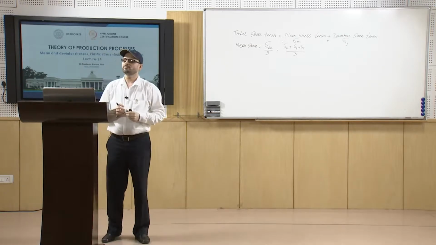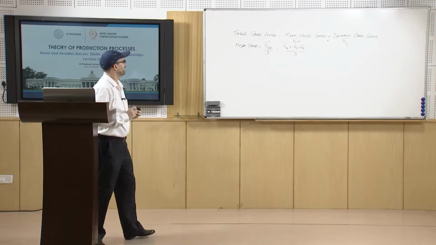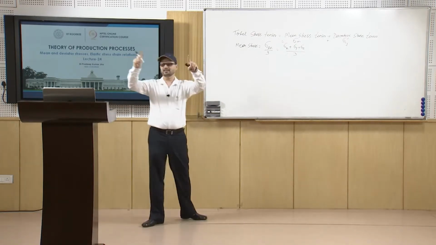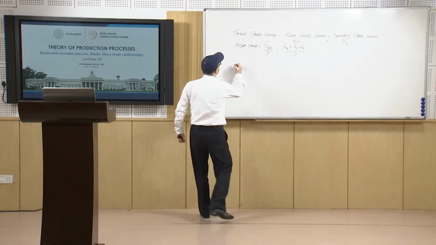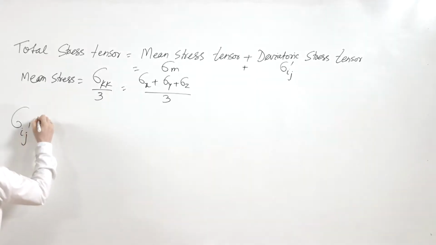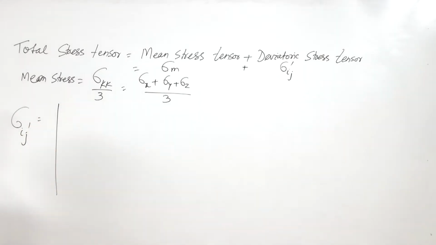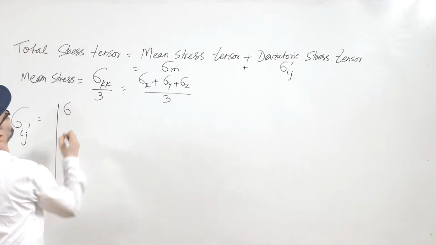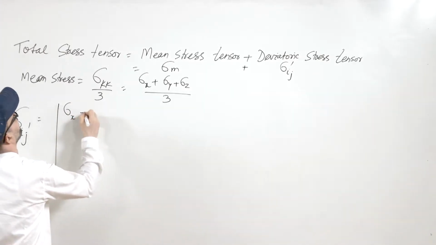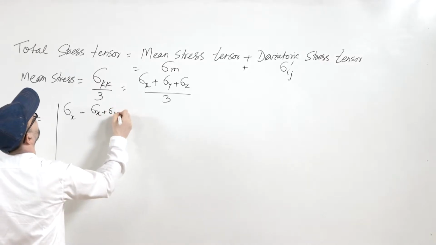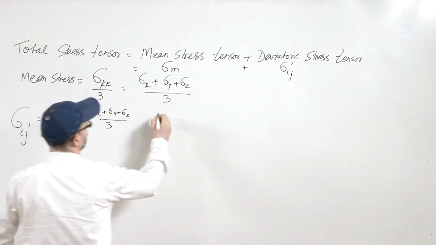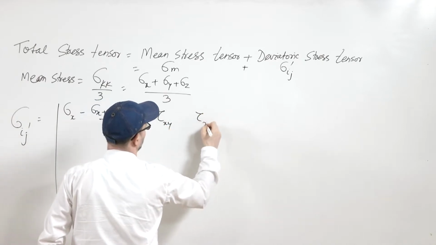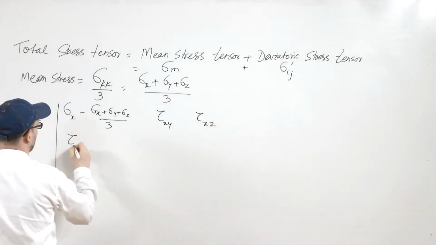So in sigma ij prime, from sigma x it will be subtracted sigma x plus sigma y plus sigma z by 3, and you will have tau xy, tau xz, similarly tau yx.